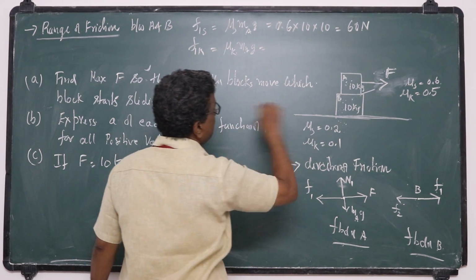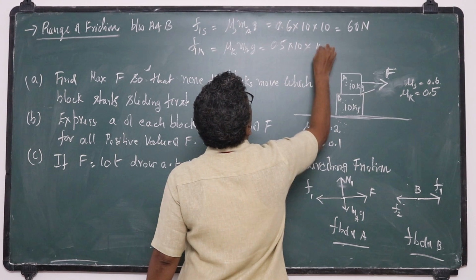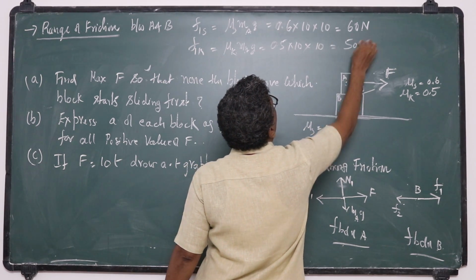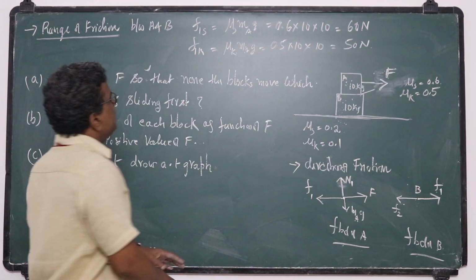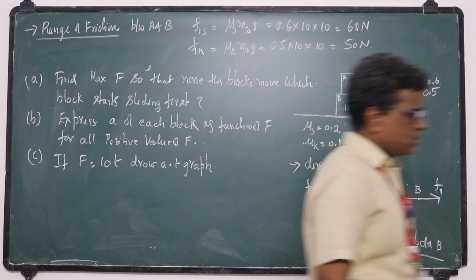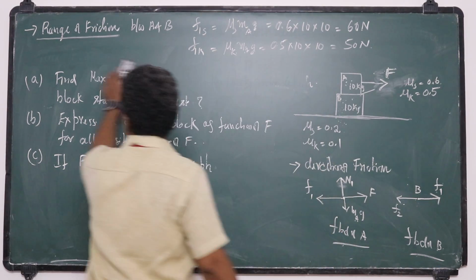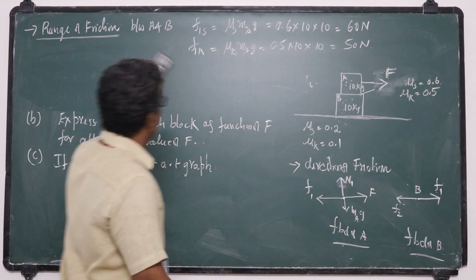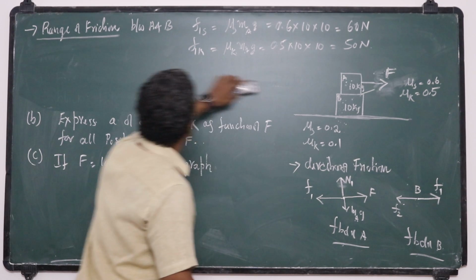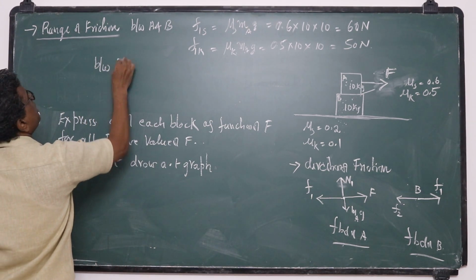What is mu k? 0.5 into 10 into 10, so it is 50 newtons. That is kinetic. What is F2? Next one, F2. Next I will take this one: frictional force between B and ground.